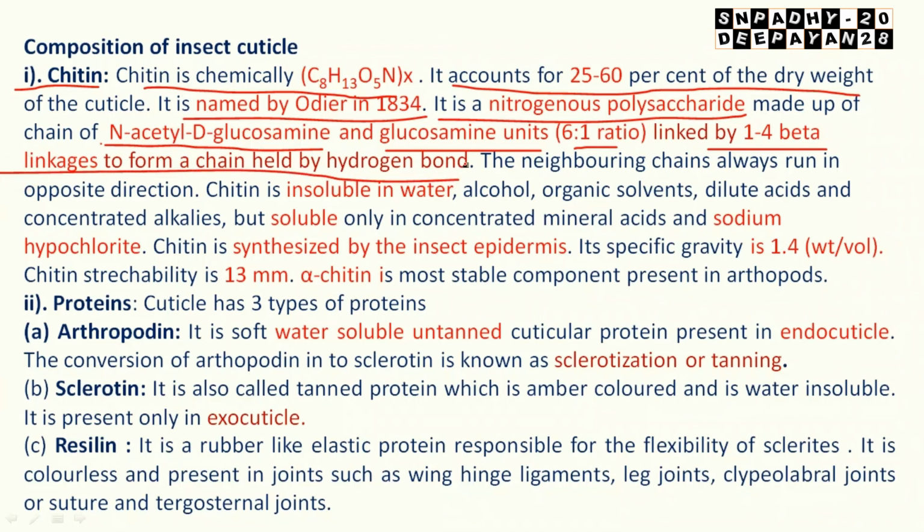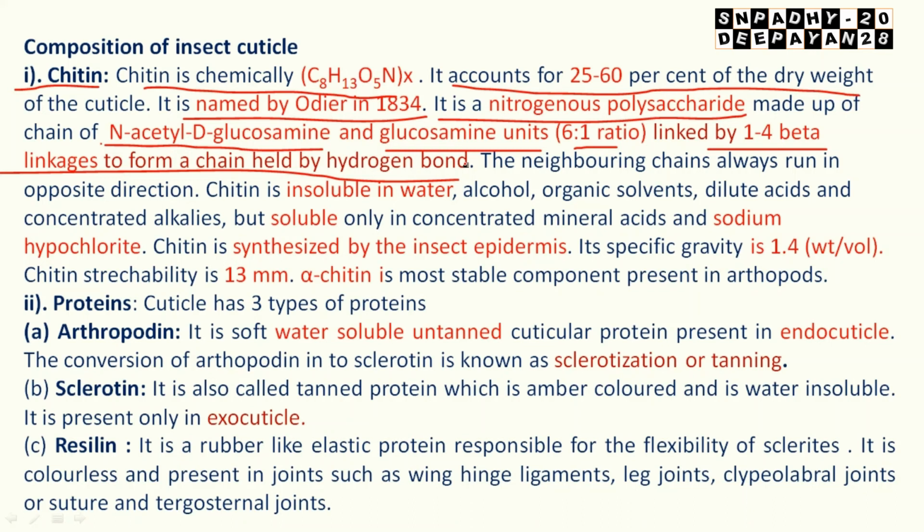So how will the question come? Chitin is chemically C8H13O5NX. Second, how much do they count? 25 to 60% of the cuticle on dry weight basis. Next, chitin is named by whom? Odier in 1834. It is which type of compound? Nitrogenous polysaccharide.